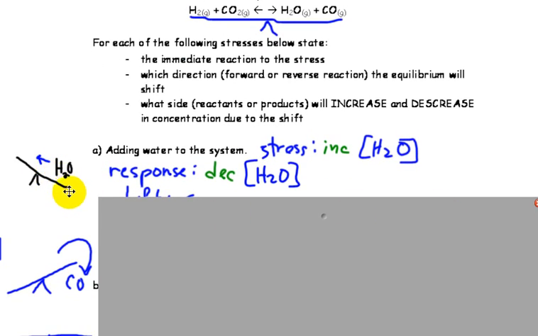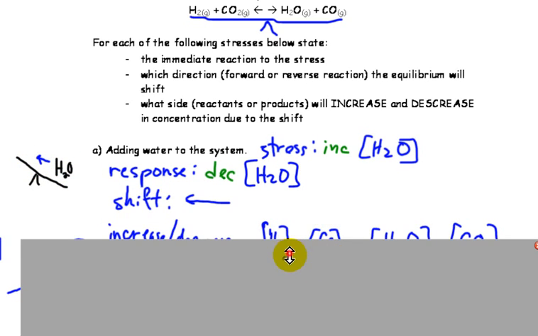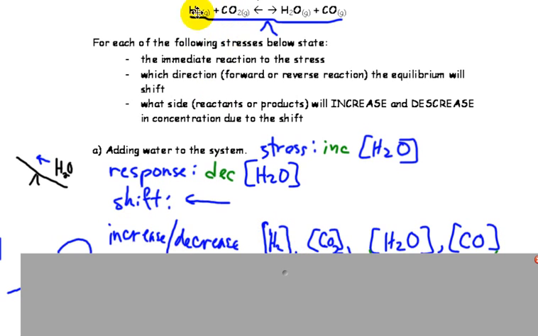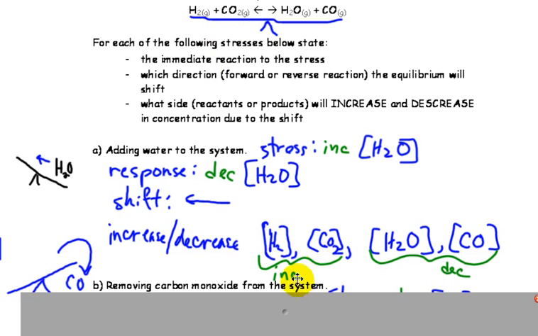So you can see here, if I shifted things to the left, everything would be imbalanced again. And if I move to the left, everything on the left will increase in amount. So that means hydrogen and carbon dioxide will increase. When I'm moving away from, the products will decrease in amount.